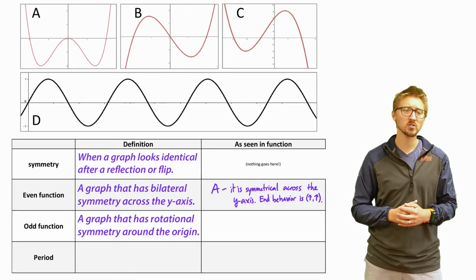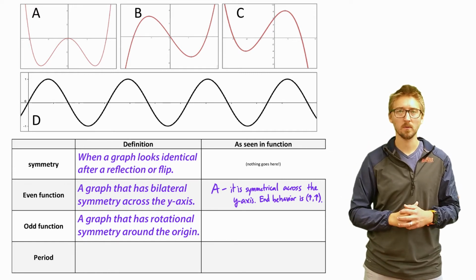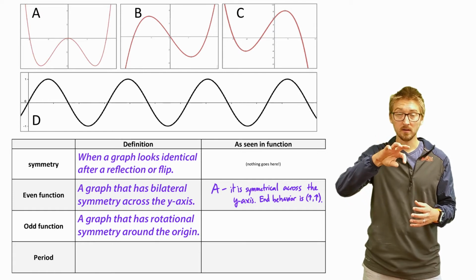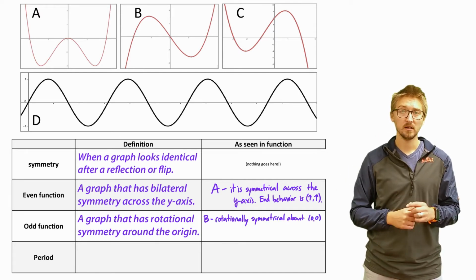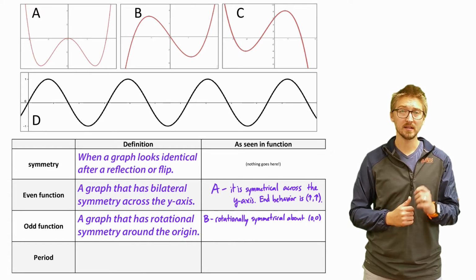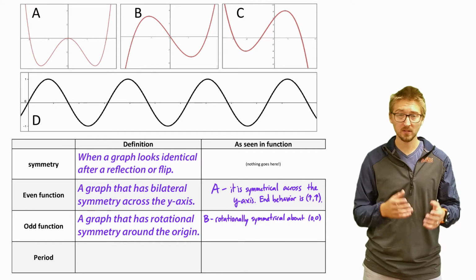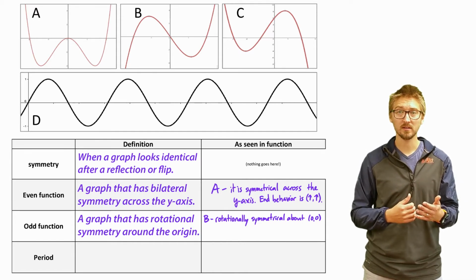So which of the 4 functions might be considered odd functions, rotationally symmetrical? Well, if we look at B, if we were to rotate that 180 degrees, it falls perfectly on top of its original. If we did C and rotated that about the origin, that's like a propeller that's been off kilter. It's not going to land on top of where it originally started.